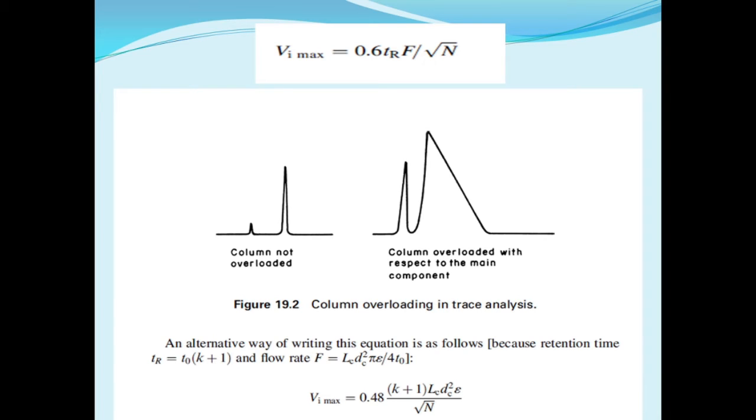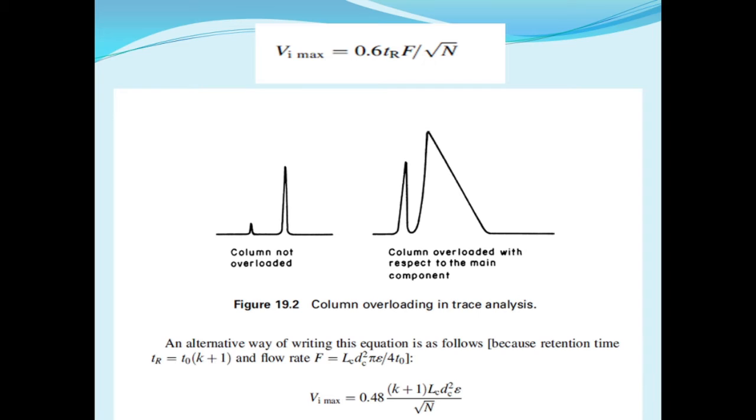Elute the analyte with a small retention factor. Although a short column is to be preferred, its separation performance must be high enough to solve the separation problem. The method needs to be optimized with regard to the trace components.